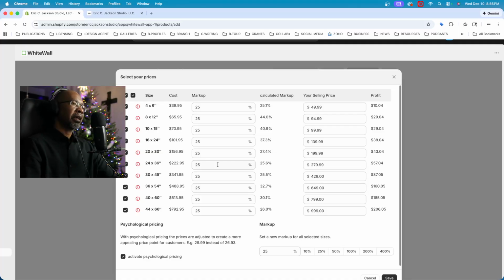And basically what I did is, especially for the larger pieces, I dropped the markup percentage on there for quite a few of my prints to make it more affordable for just, I would say, the average buyer. So for a good chunk of my inventory, I did that, right?